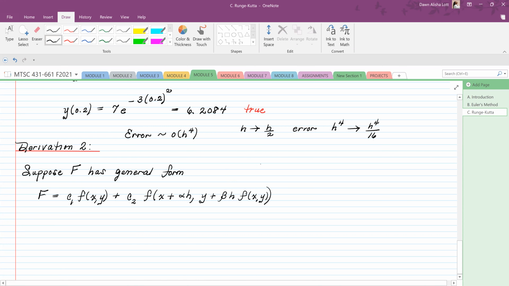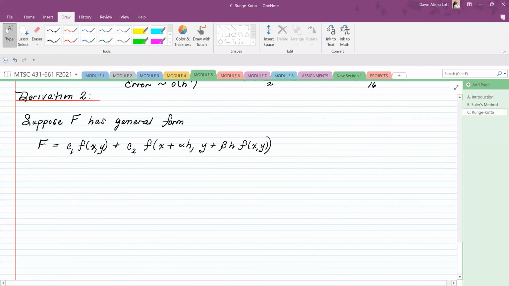So we're assuming that it has that form. Okay, so we need to determine C1, C2, alpha, and beta so that the truncation error is minimized.